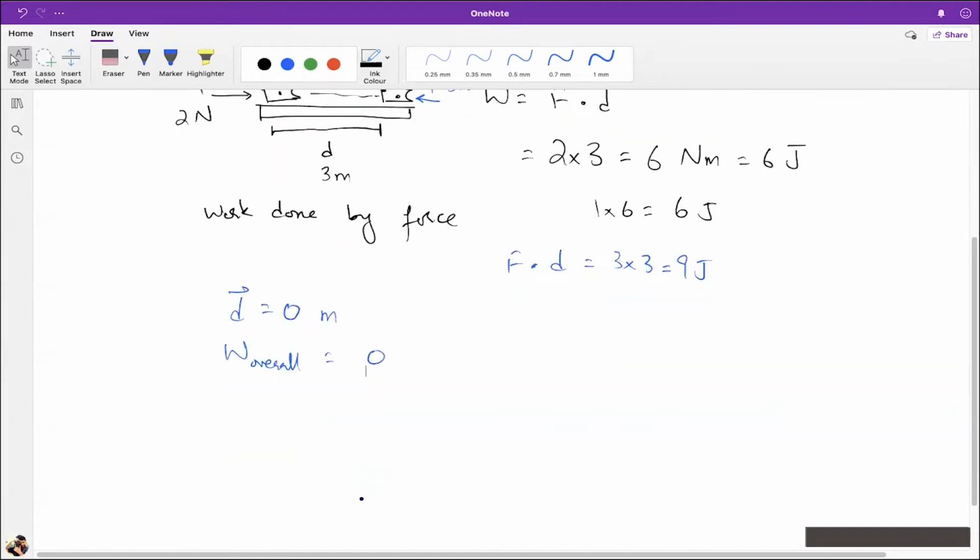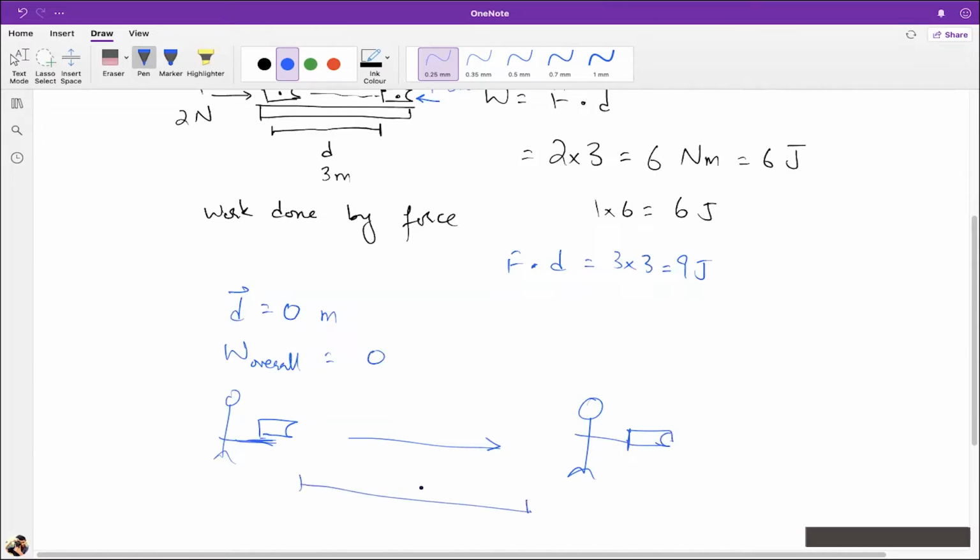Another important example for this. Let's suppose you had this same book, and there's a student who is carrying this book. Now this student moves from here all the way to over here, carrying the same book. They have traveled a displacement of, let's say, 5 meters.